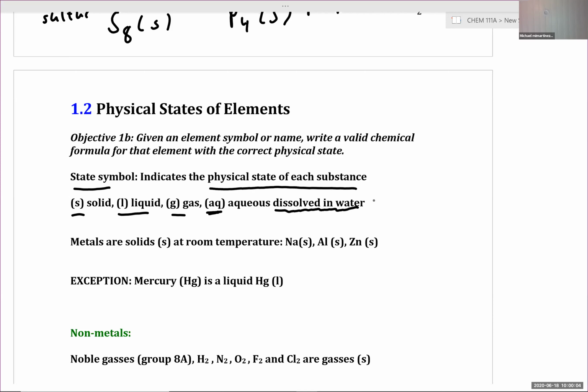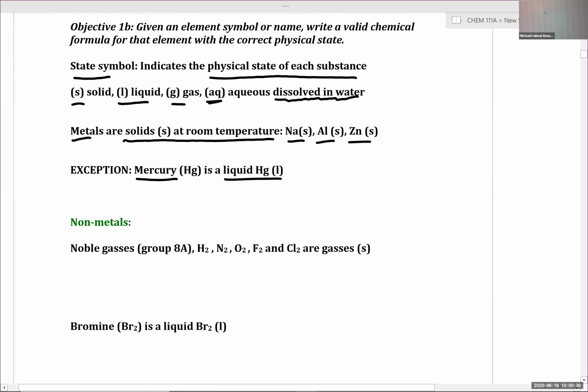So, metals are solids at room temperature, and these include sodium, aluminum, and zinc. As one exception, mercury is a liquid. Now, for your nonmetals, it gets a little bit more involved.